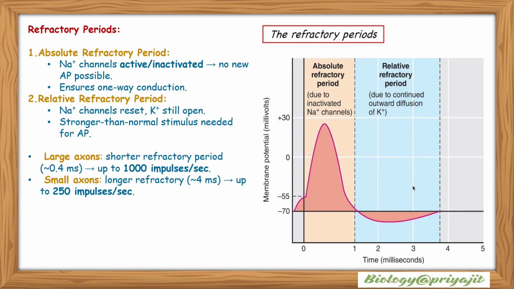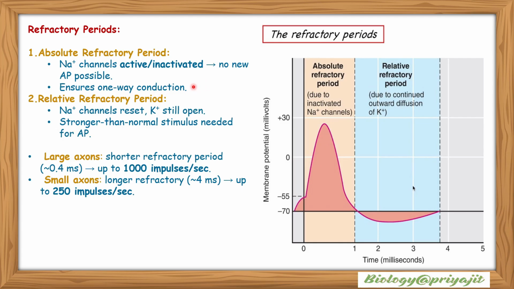Now we'll study about the refractory period. Refractory period is basically of two types: absolute refractory period and relative refractory period. Absolute refractory period is when sodium channels are active or inactivated, but no new action potential is possible. It ensures one-way conduction.